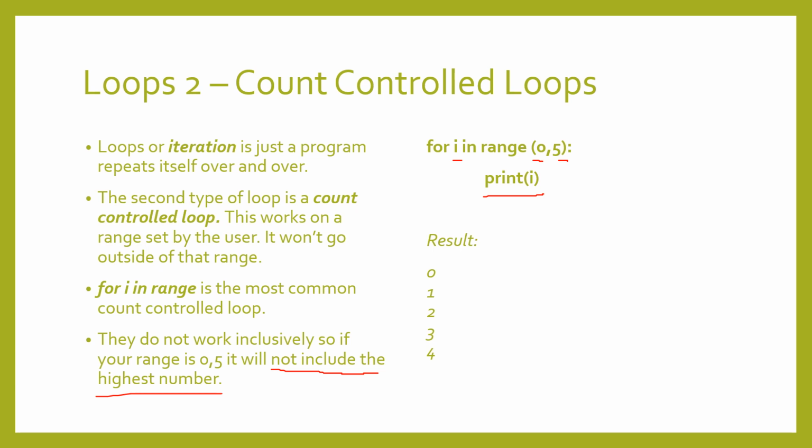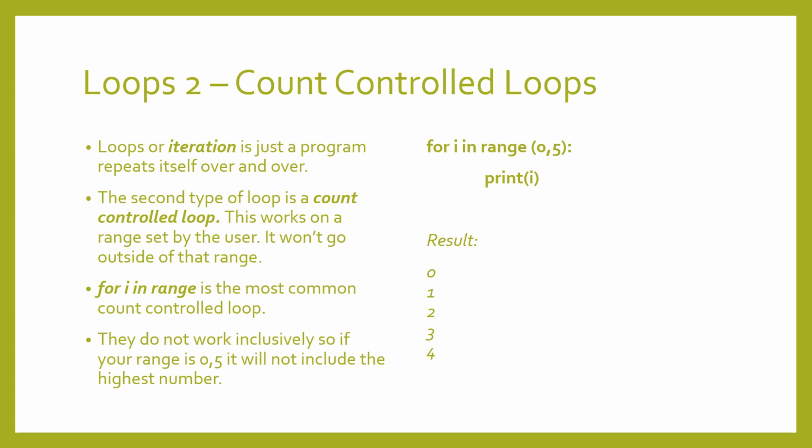For i in the range of 0 and 5, which is why it'll print 0, 1, 2, 3, 4, but then it will not print the number 5. Alright, so if you wanted to print up to 5, you just make your range 6, and then it'll print 0, 1, 2, 3, 4, 5.